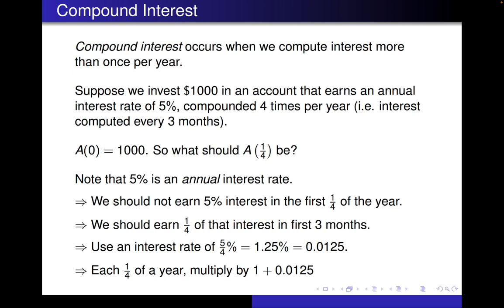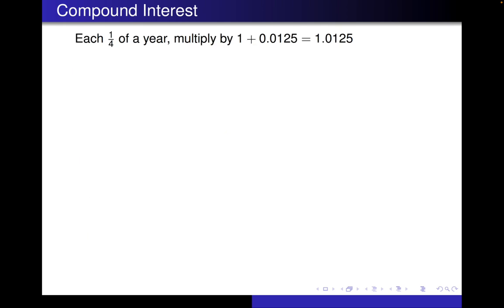Which means that every 1/4 of a year, we're earning 1.25% interest, which means we're going to multiply by 1 plus 0.0125, which of course is 1.0125. So if we want to find A of 1/4, we can do this the old-fashioned way: take that 1,000 and add 1,000 times 0.0125.